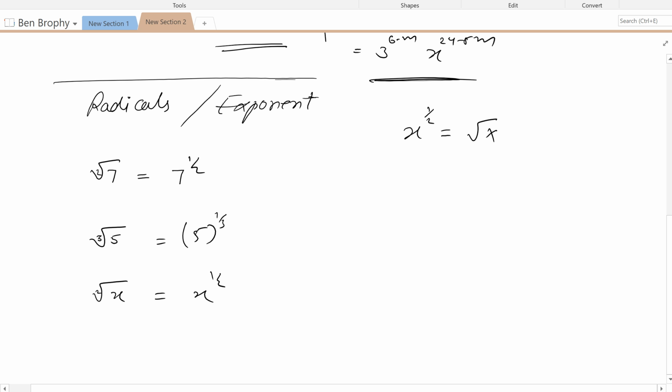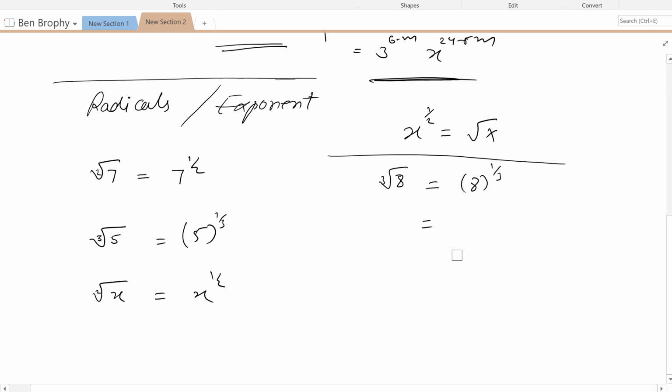How it works, I can show you with one example. For example, the cube root of 8. According to the definition, it equals 8 to the power 1/3.